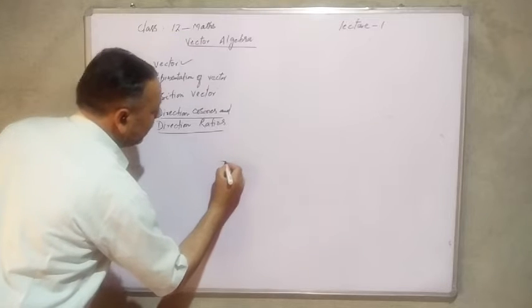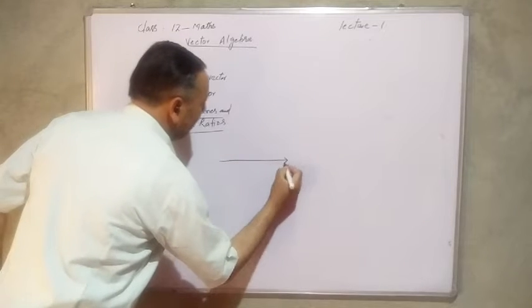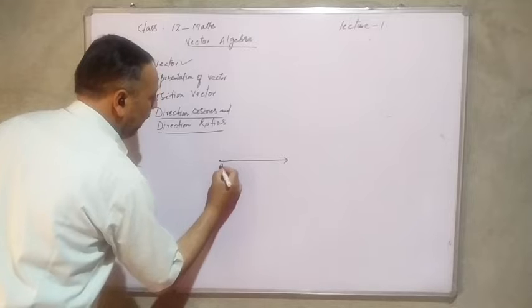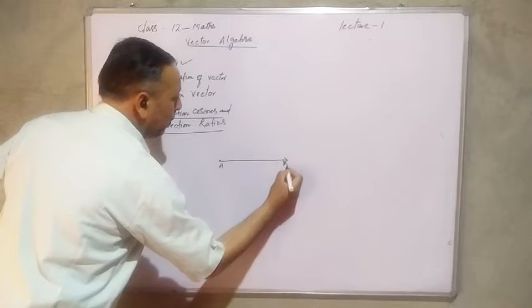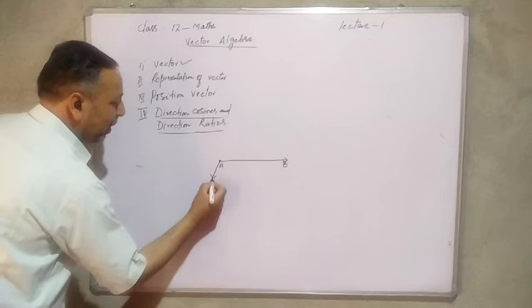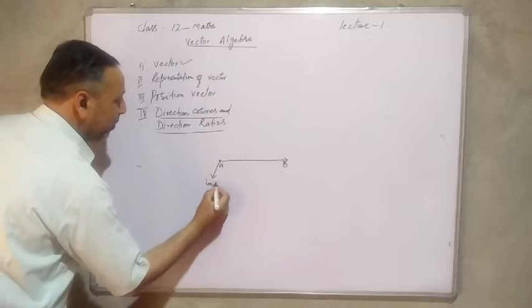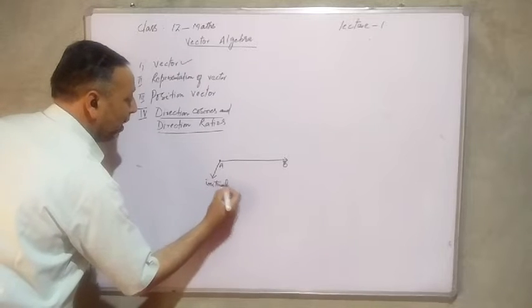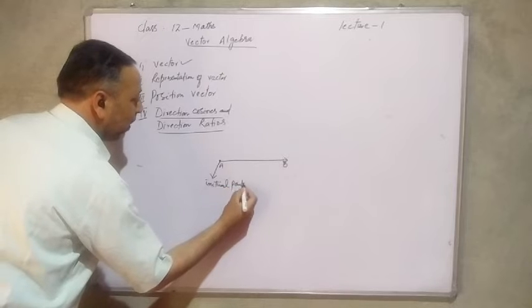Now let this be a vector AB. Now remember, this point A is called the initial point of the vector.